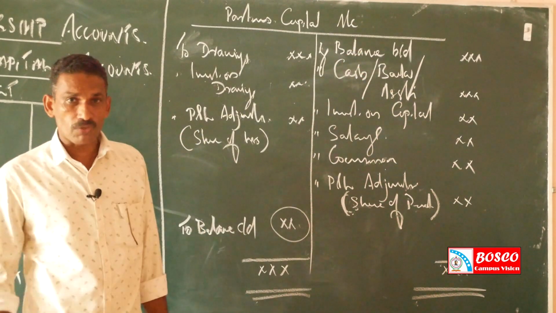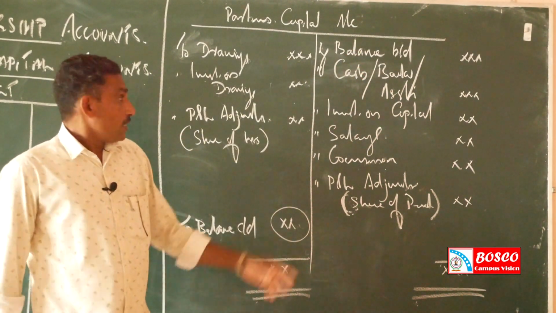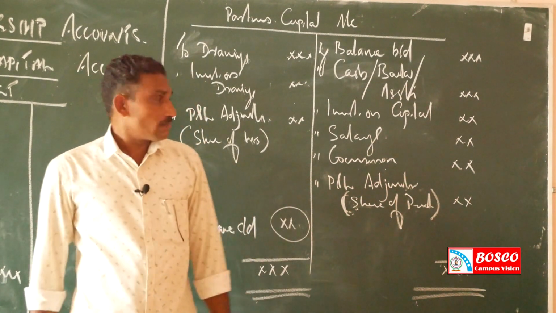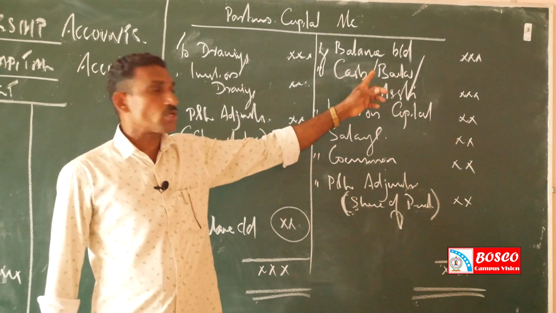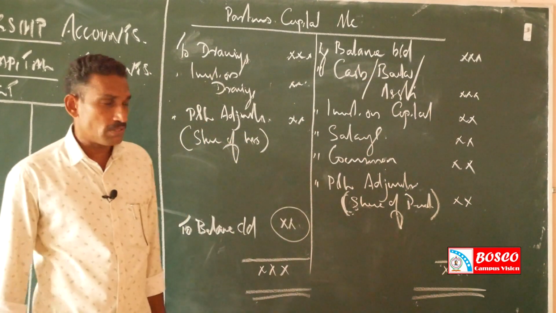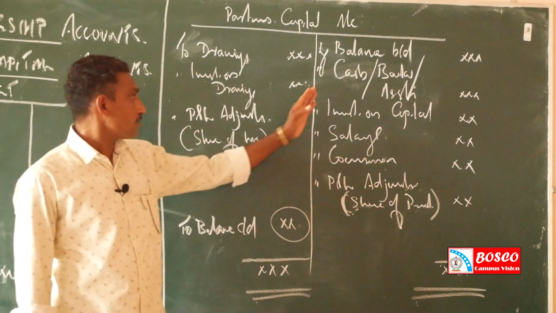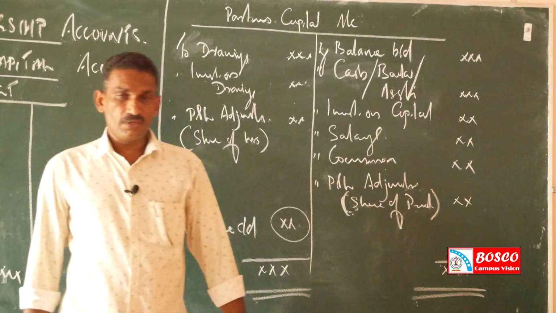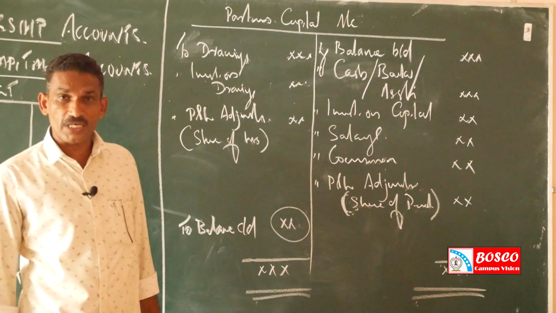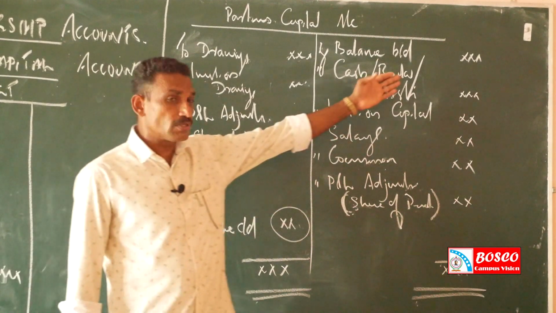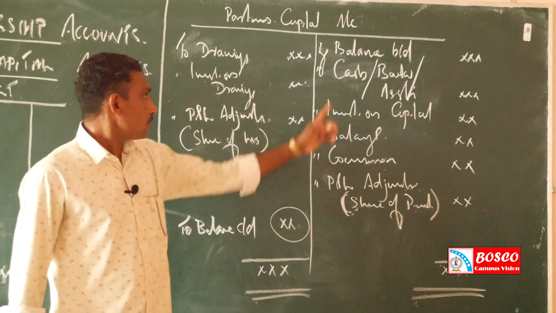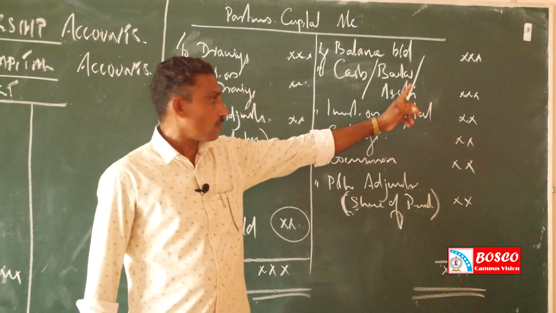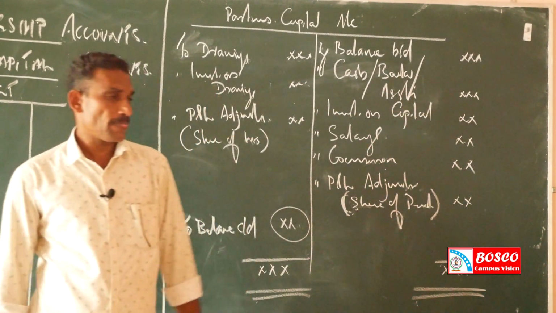If it is a newly started concern, the partners will contribute cash or bank balance or any other asset. In such cases, it is also shown on the credit side. We know the journal entry: cash account debit to capital, or bank account debit to capital, or assets account debit to capital. So, by cash or by bank or by any assets.